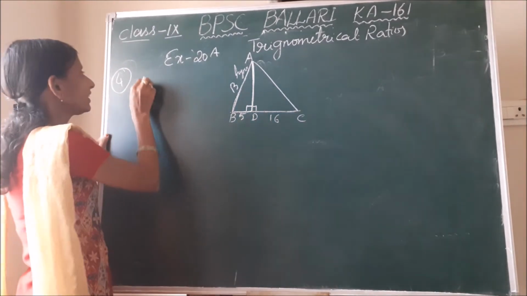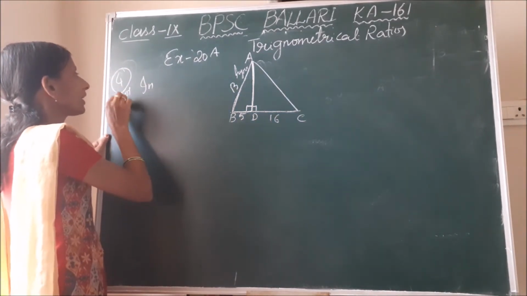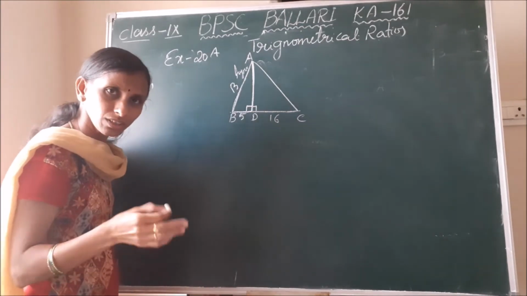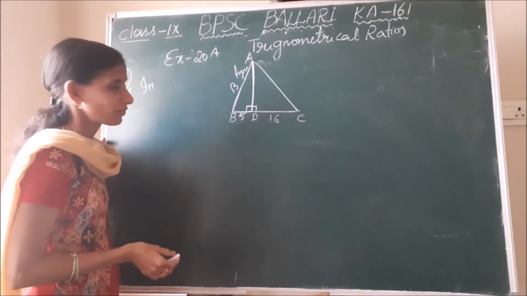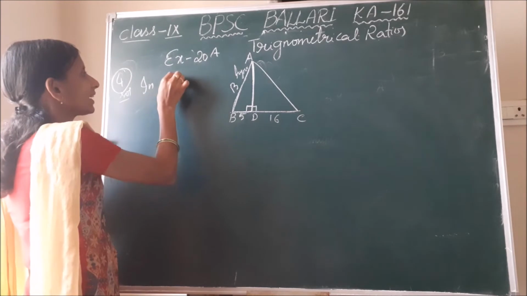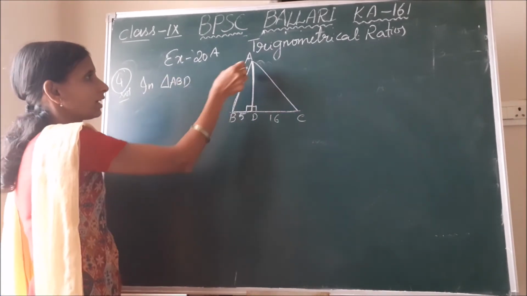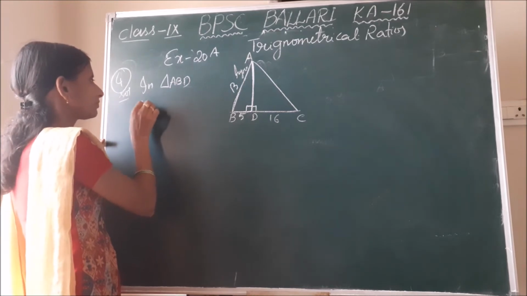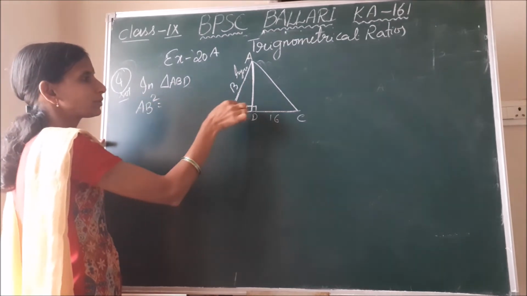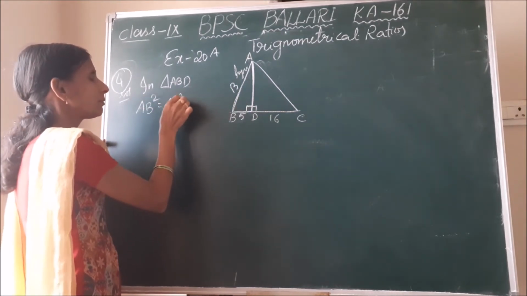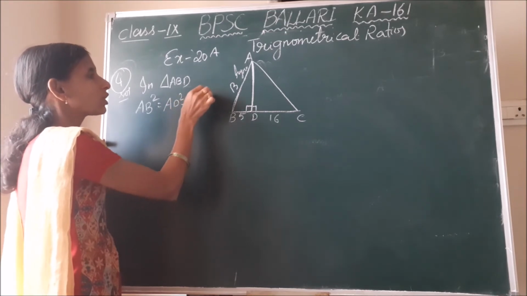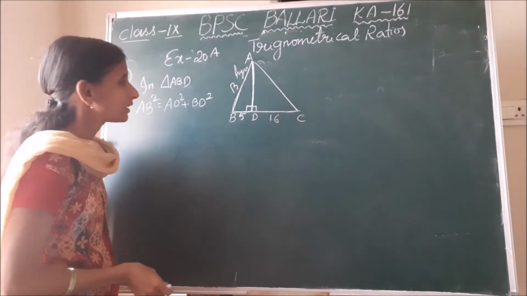I am writing the solution directly here; I didn't write the question, you can go through your textbook for that. In triangle ABD, AB square equals AD square plus BD square according to the Pythagoras theorem.